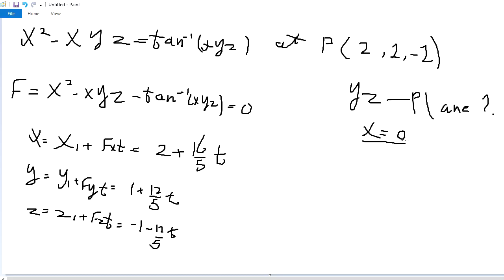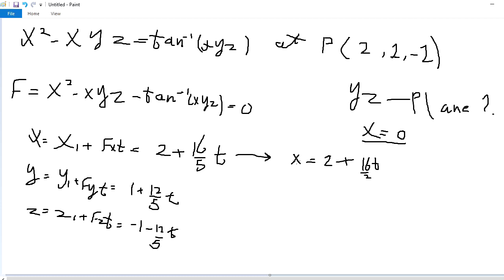Then let's solve for x. Take this equation here and solve it with respect to x, which means you need to write x equals 2 plus 16 over 5t, right?